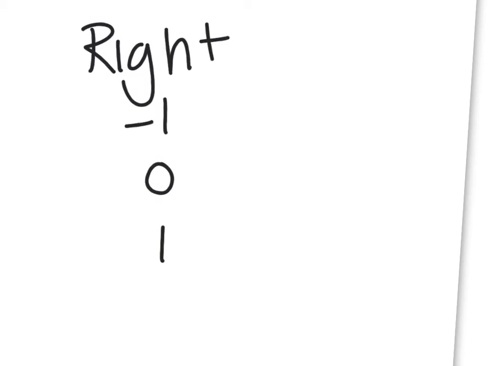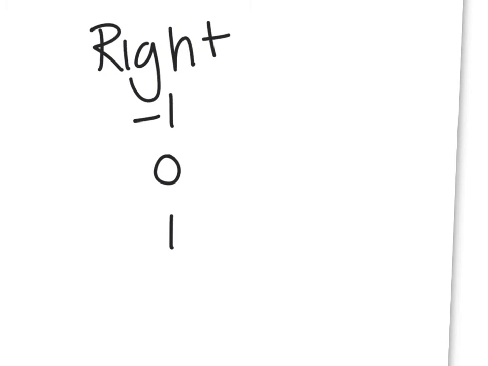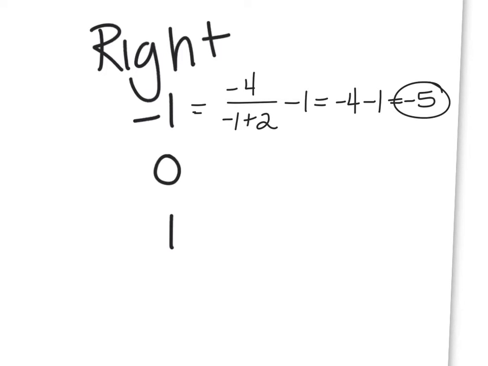Because we've done a lot of the work for the left side, I'm just going to skip through a lot of the arithmetic. So I have -4 over -1 plus 2, minus 1, which gives me -4 over +1, which is -4 minus 1, which equals -5. And then at 0, I have -4 over 2, minus 1, because it's 0 plus 2, which is just left as that.